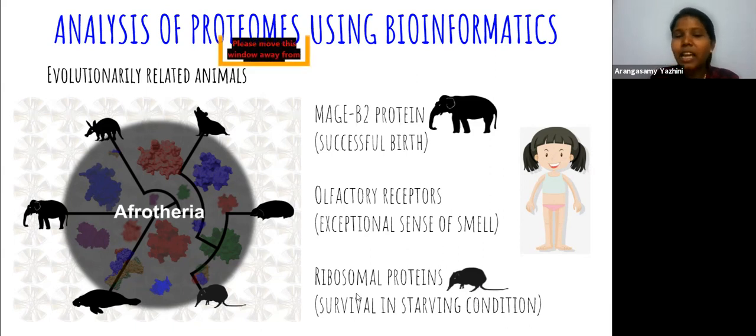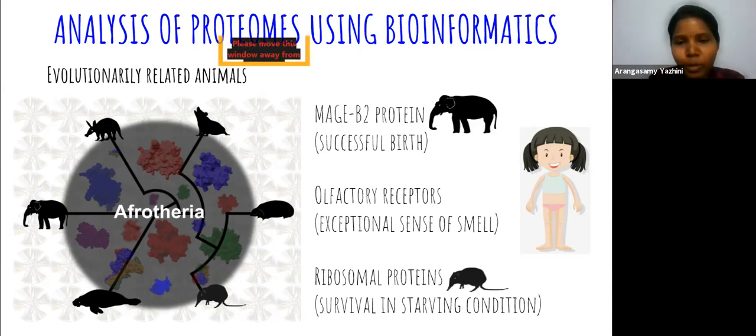We find that this high abundance of ribosomal proteins could be involved in survival during starving conditions. So by studying these biomolecules, we could understand how animals evolved to adapt based on their habitat and food availability. This is one advantage of studying the basic biomolecular details.